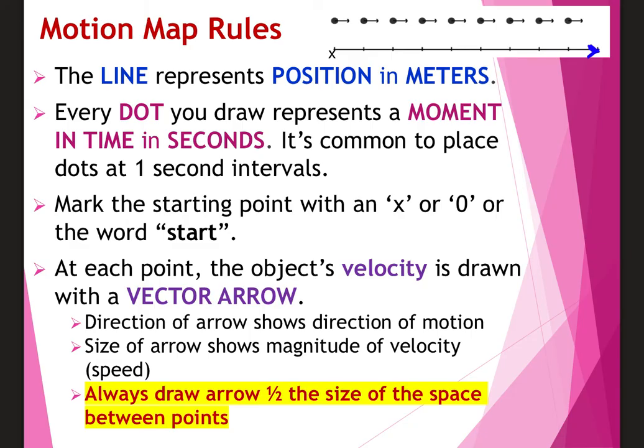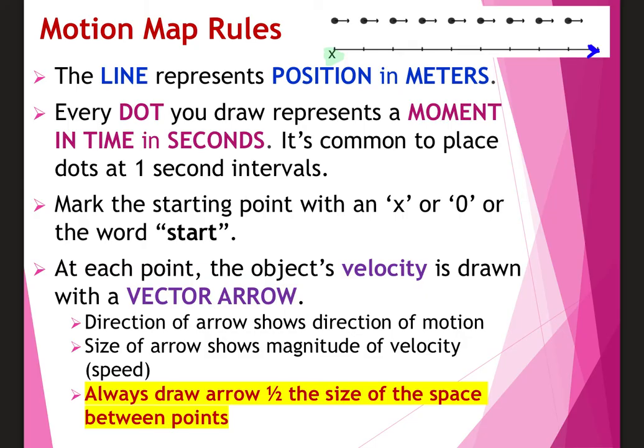Usually we draw our position lines with arrows on the end, and you will notice that this is marked with an X for position, and that this line also has hash marks on it. We don't know what in this diagram they represent. They might be 1 meter intervals. They might be 2 meters, whatever you need for the problem that you're going to diagram or draw.